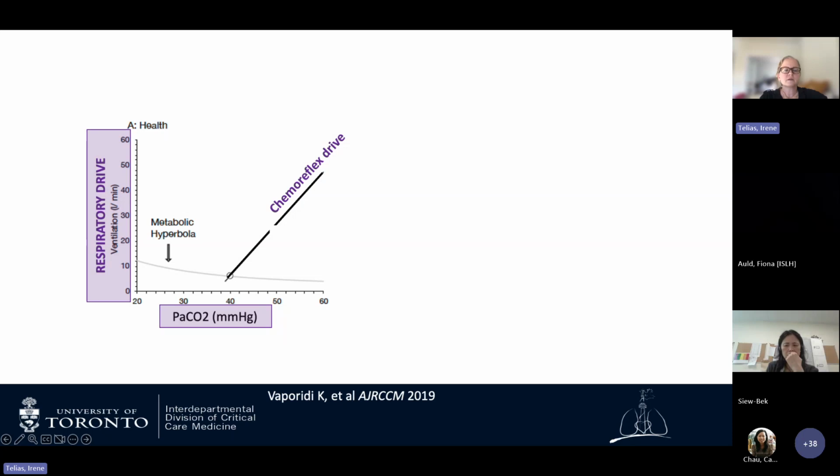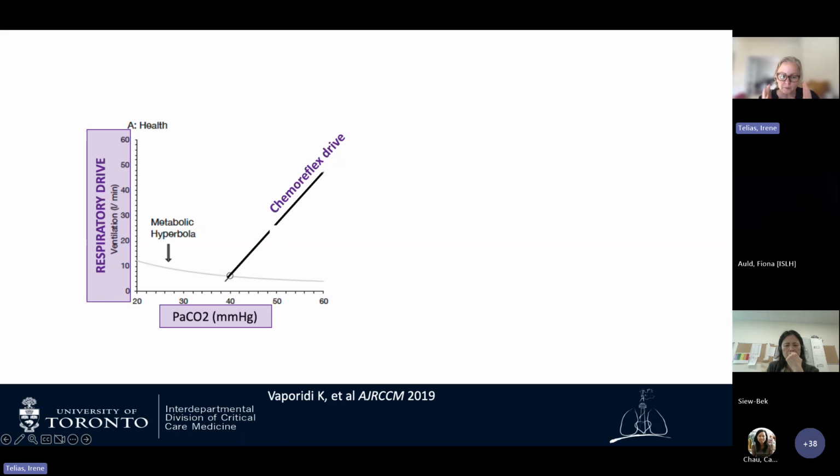We also have to understand how efficient the patient's respiratory system is in eliminating CO2. This is represented by this other line, what we call the metabolic hyperbola. It can be higher if the efficiency of the respiratory system is lower, and it goes lower if the efficiency of the respiratory system is higher.